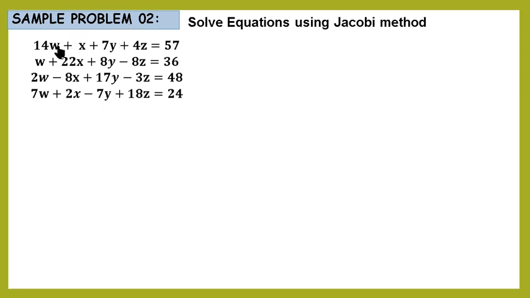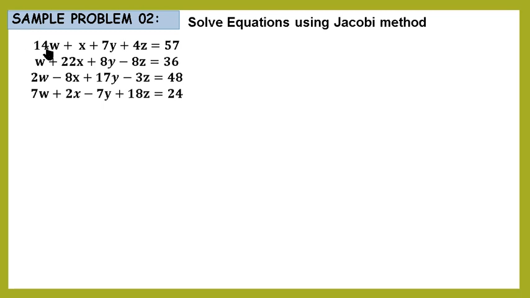So, kailangan natin ng w, x, y, and z. That's our variable. So, looking at our equation, the coefficient matrix of the given system is diagonally dominant. So, therefore, yung Jacobi method natin is applicable.